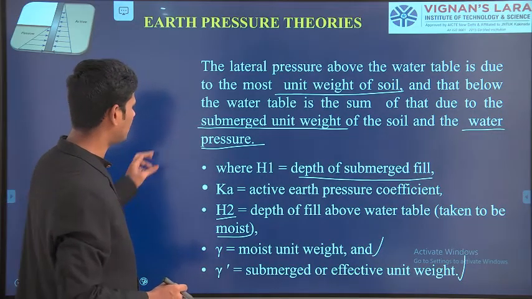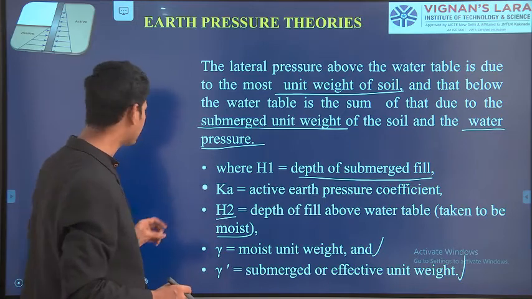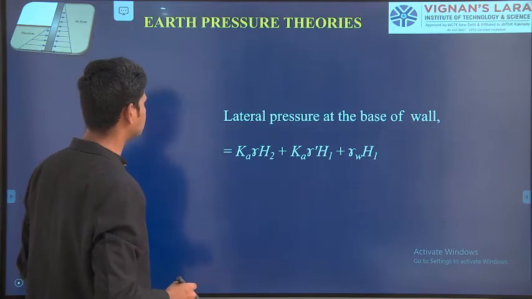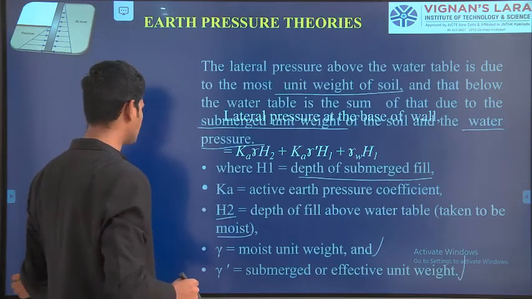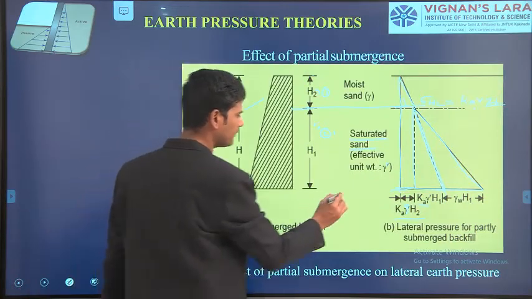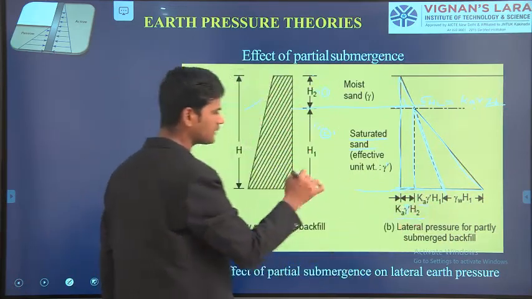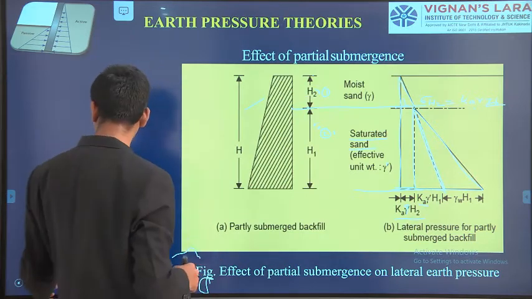Next, we have seen all the parameters for calculating the effect of partially submergence. Now let us see the lateral earth pressure at the base of the wall. Suppose this is your retaining wall, and at the total depth H2, what is the total earth pressure that we have to calculate?